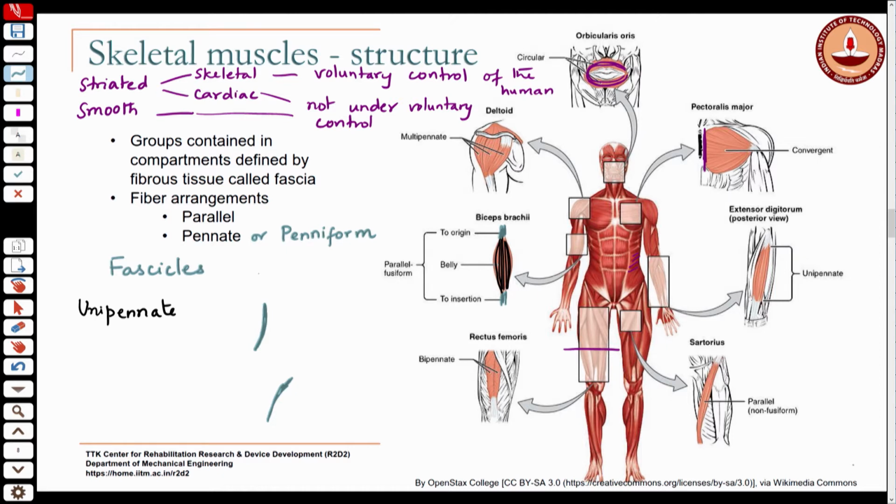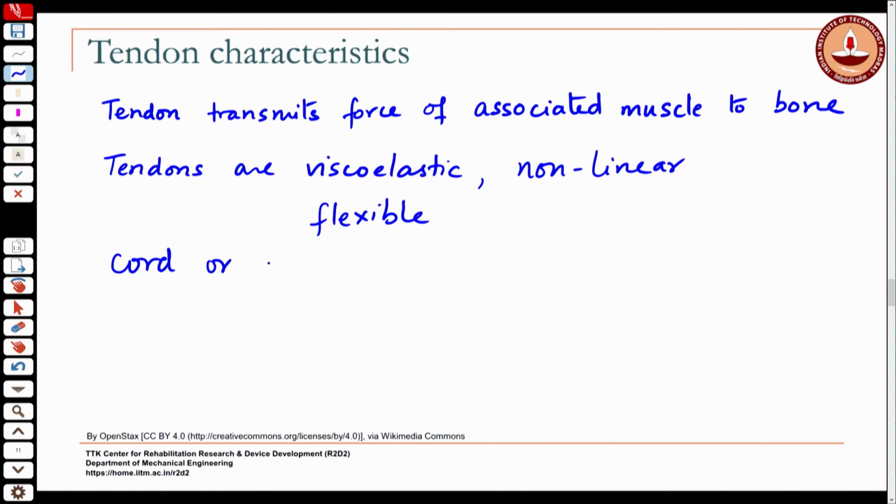They generally tend to resist stretch and are quite flexible, because in the body they have to move like strips, and they could have different cross sections. You could have circular, oval or flat shapes for the tendons.